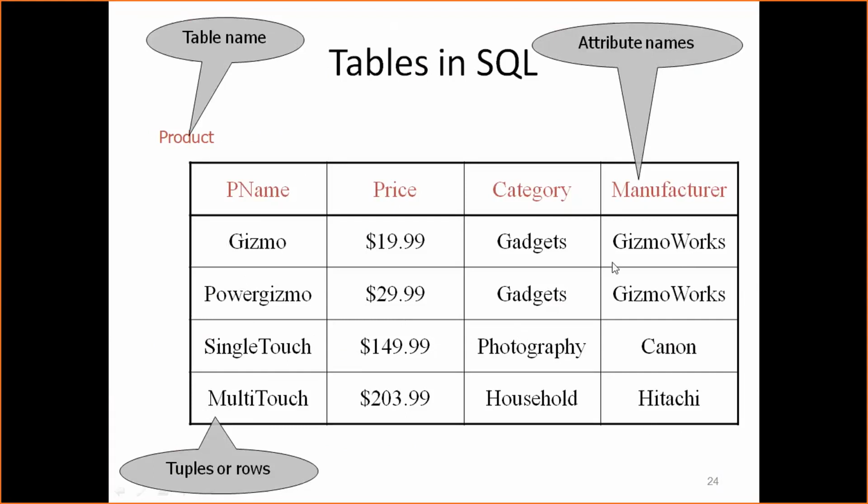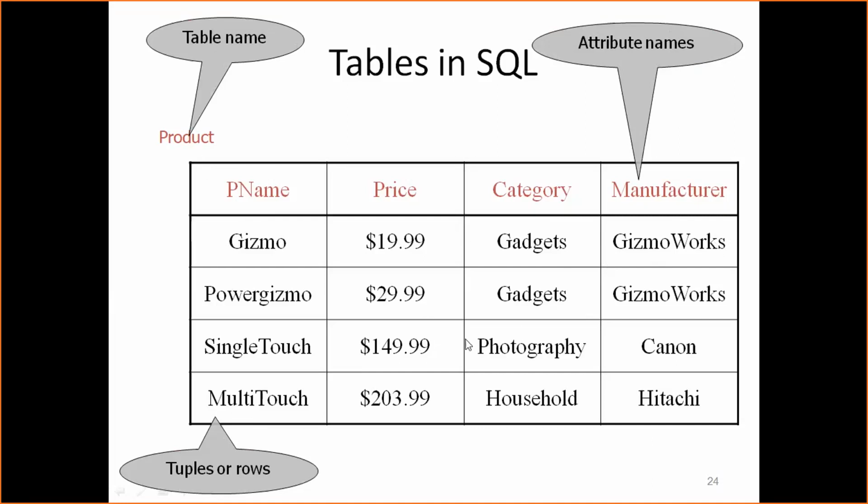One row represents complete information about one product. What is the product name? What is its price? Which category does it fall under? And who is the manufacturer? So one tuple represents information about one product.